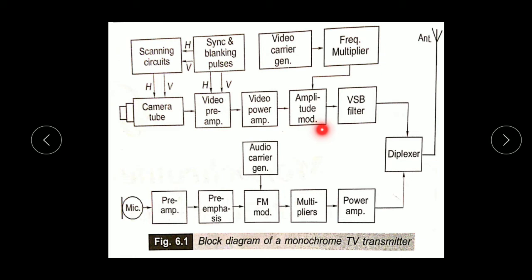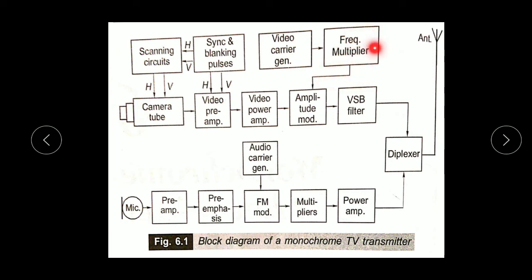Then comes the amplitude modulator, because in the video signal we use amplitude modulation techniques. Here is the video carrier generator, which is a kind of oscillator, and this is the frequency multiplier, which multiplies the frequency.